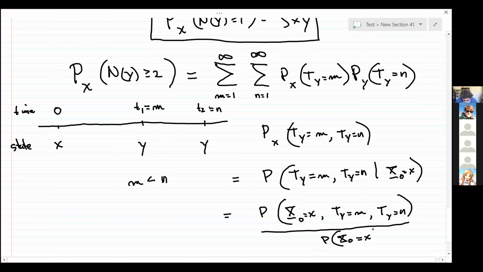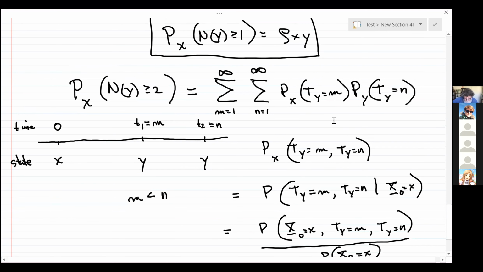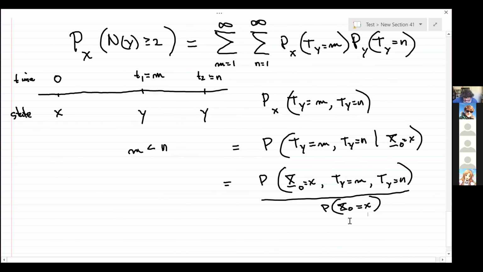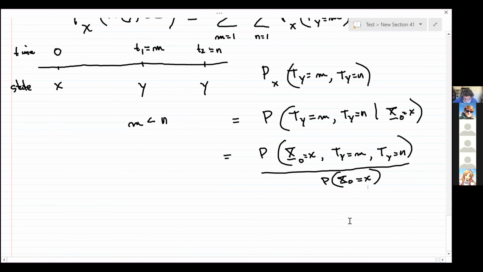So I'm giving a little more detail here than is in the book. The book just goes from here to here, and I'm trying to explain how we're getting this thing in here. What should be in there are all the ways you could start at X, first hit Y at M, and then hit Y next at N. That's a conditional probability that looks like that, and by the definition of conditional probability, it looks like that. And now on top, you've got three conditions.